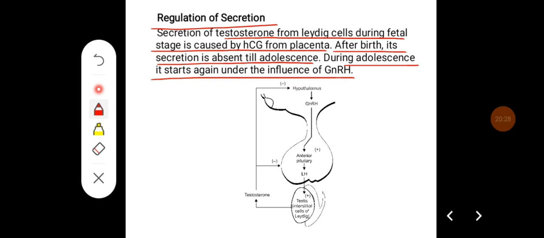So gonadotropin releasing hormone leads to the secretion of LH from the anterior pituitary, LH acts on the interstitial cells of Leydig to produce testosterone, and the plasma level of testosterone, by negative feedback, reduces the secretion of LH and GnRH from the hypothalamus.